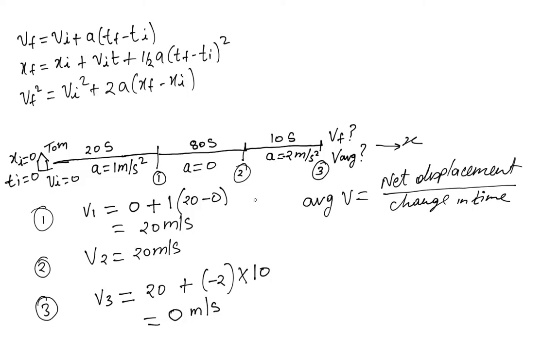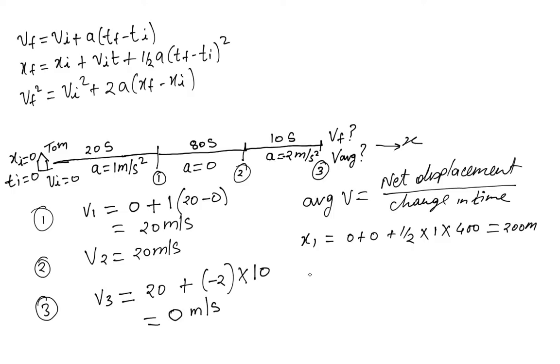So xf, where by xf we mean x1, that is the distance he traveled, equals xi, which we have already assumed to be 0, vi is also 0, so 0 plus 0 plus half multiplied by a, which is 1, multiplied by t squared, which is 400, and that gives us 200 meters.